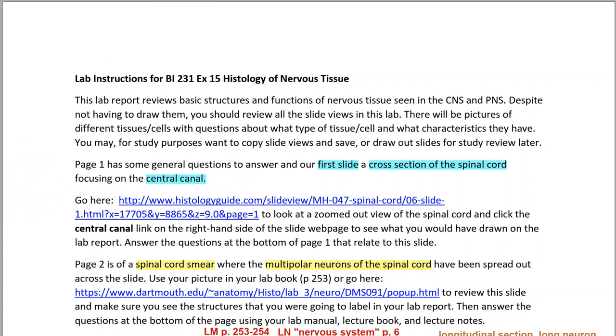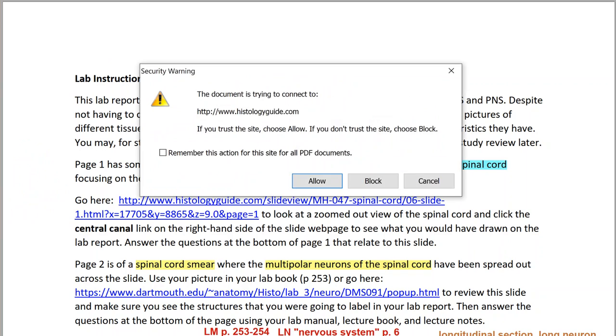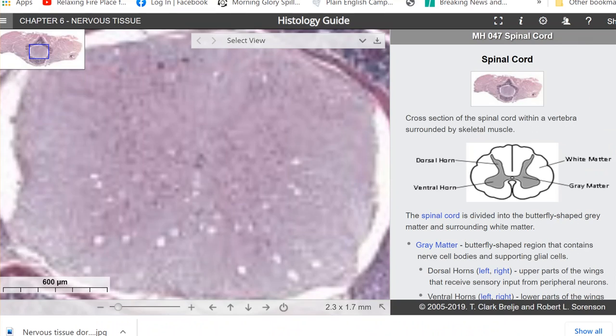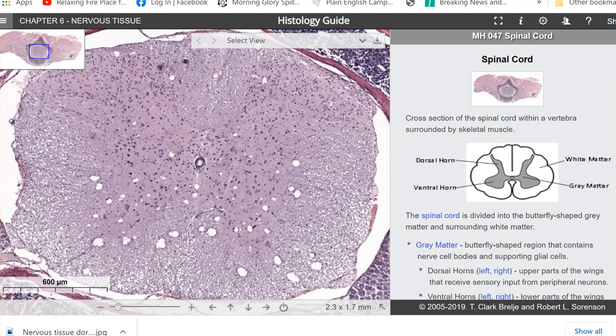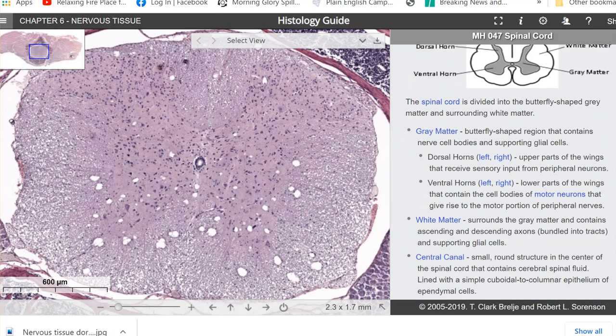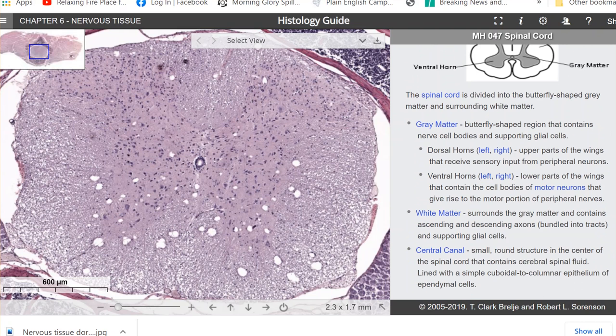When you click on this link, it'll go to the histologyguide.com spinal cord. Remember, you can scroll through the menu. I have pictures for you, but I draw your attention to the central canal right here, because then you'll zoom right in on the cells that you're looking for.